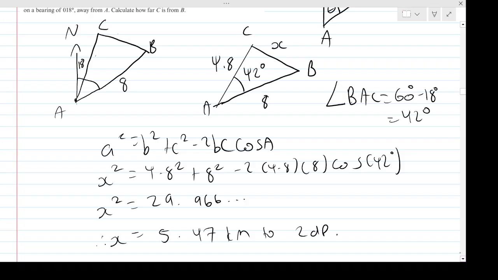And there we are. That's how far C is from B. That's this length there.